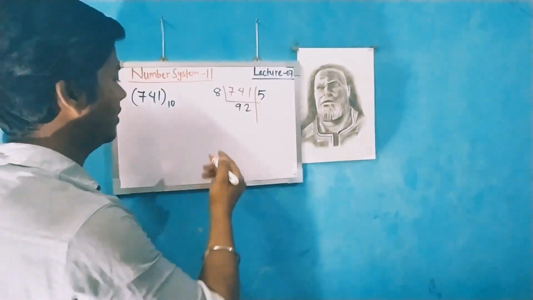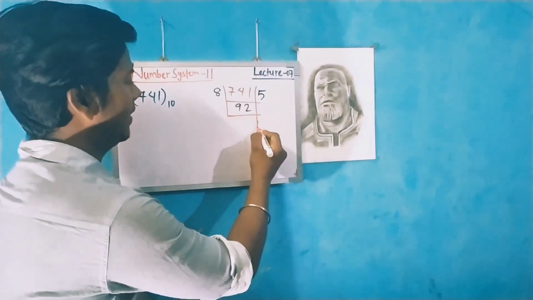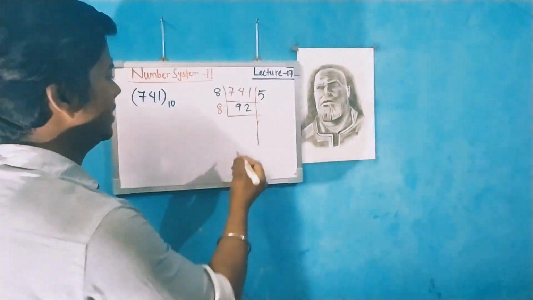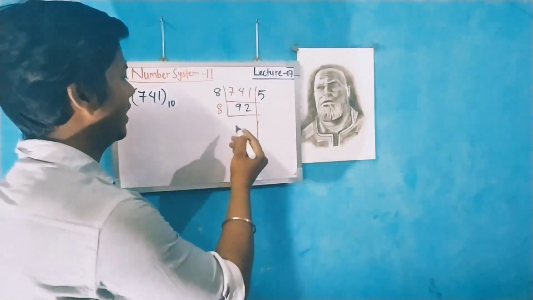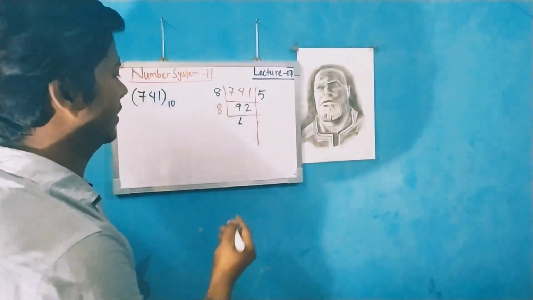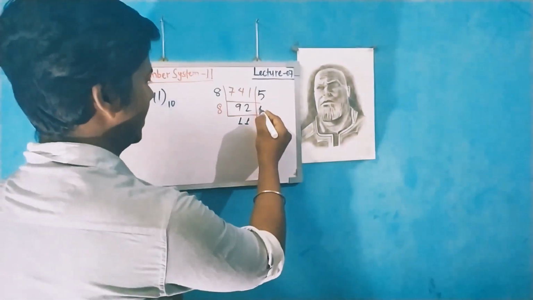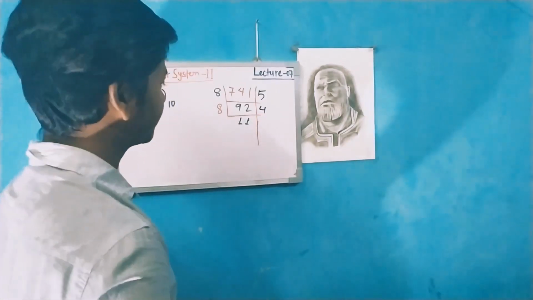Again divide this number by 8, and it gives 11 and the remainder 4.